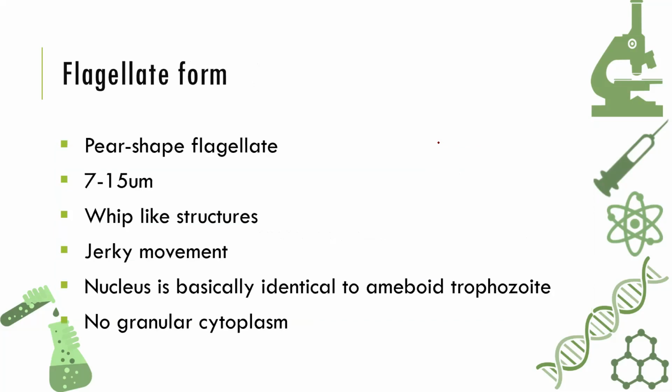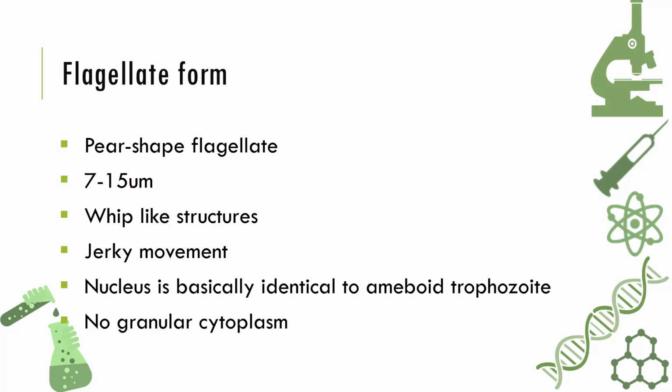Okay? Flagellated form of our Naegleria fowleri appears as a pear-shaped flagellate. Okay? And it is equipped with whip-like structure. Whip-like structure that is their flagella. And the motility of this is jerky movement.